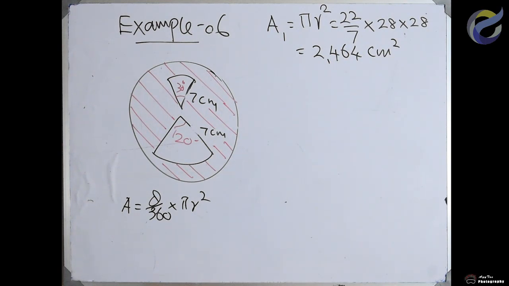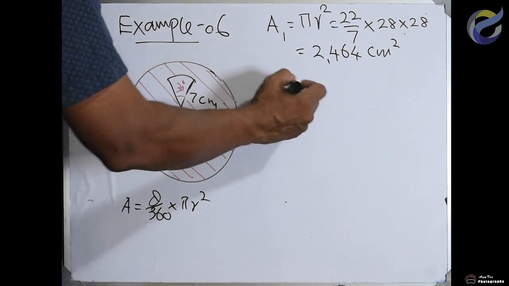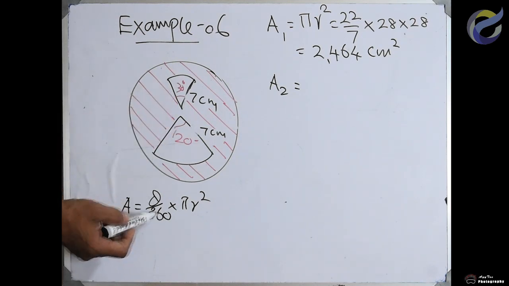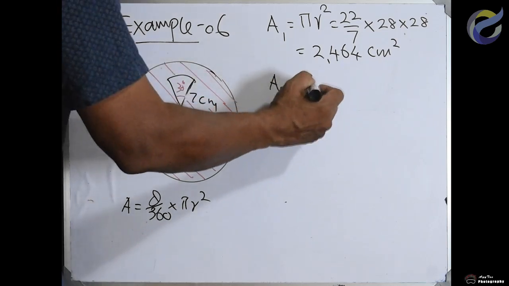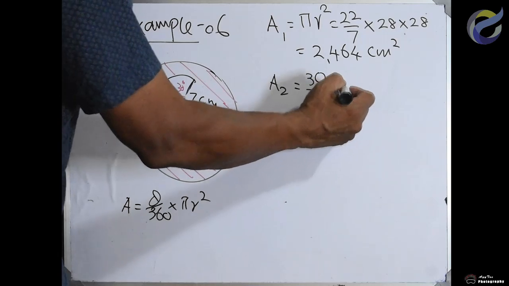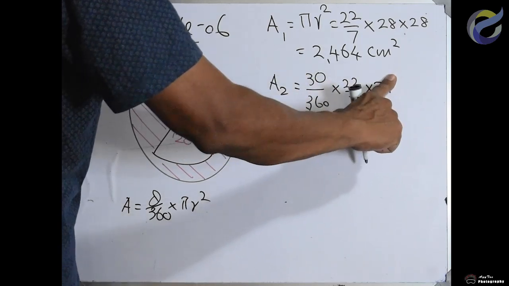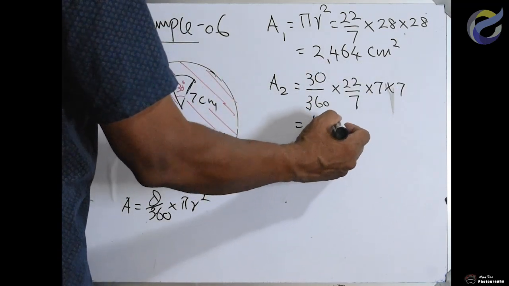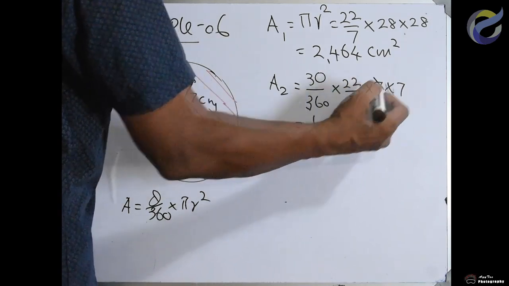Next, I am going to find the area of the smaller sector, say A2. This is the general equation for a sector, theta upon 360 into pi r square. Here theta is 30 degree, therefore 30 divided by 360 into pi r square, that is 1 upon 12 into 22 into 7, because these two we can simplify.